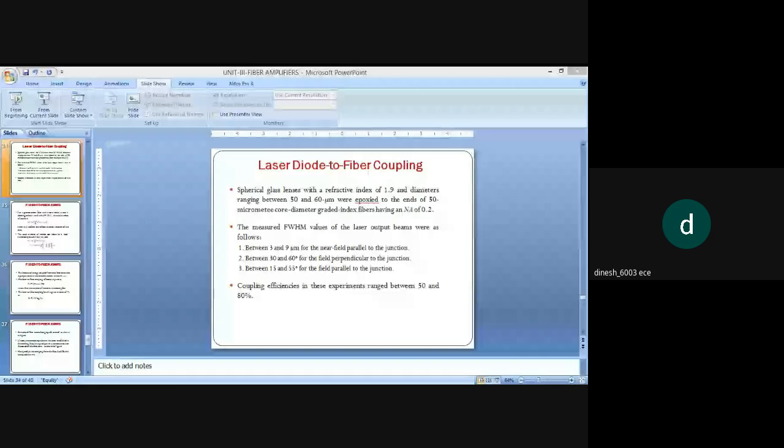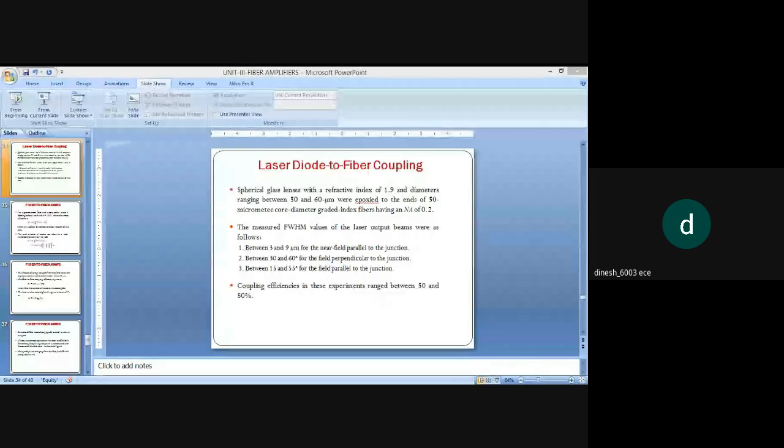This is a step index. The next is the graded index. The fiber will have a core radius a and a cladding index, with a constant k equal to 2 pi by lambda.